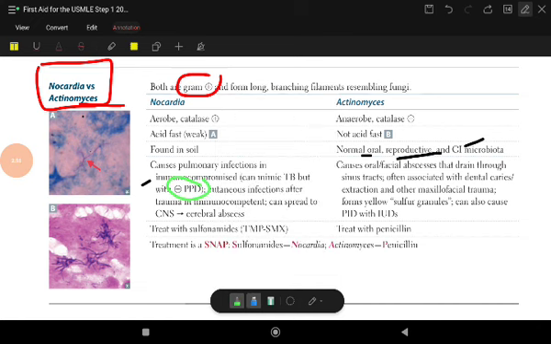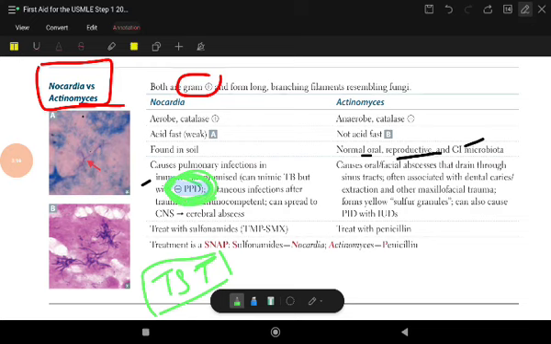PPD is a purified protein derivative solution which we use in the TST test, that is the tuberculin skin test, for diagnosis of TB. It will be positive in case of TB, but if it's negative, that means there is Nocardia. Okay, so that's what it means.